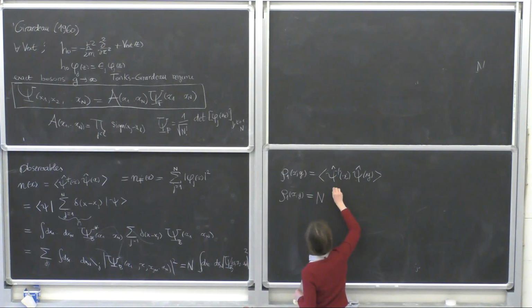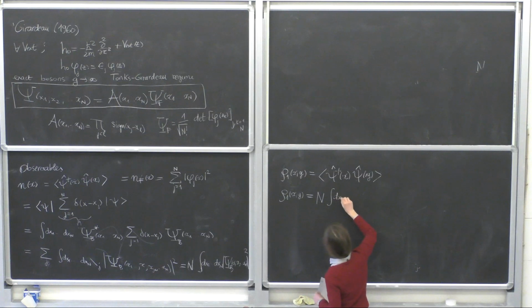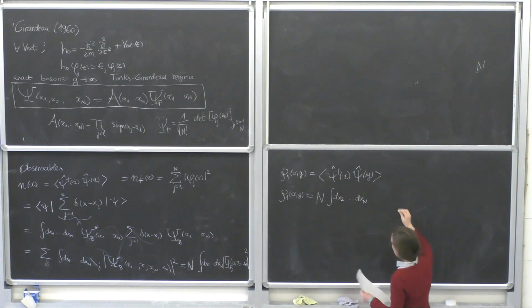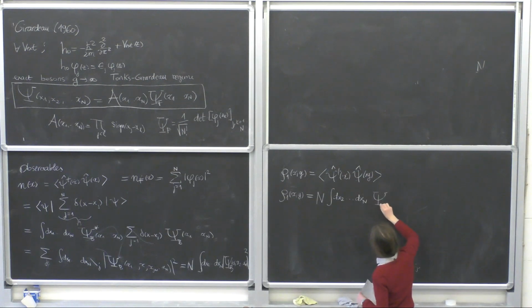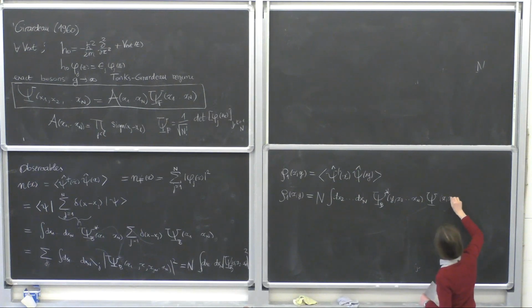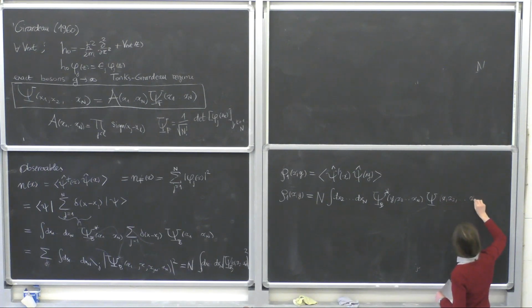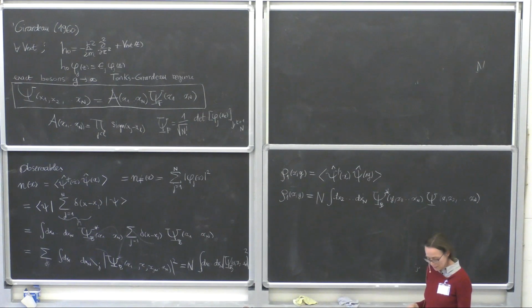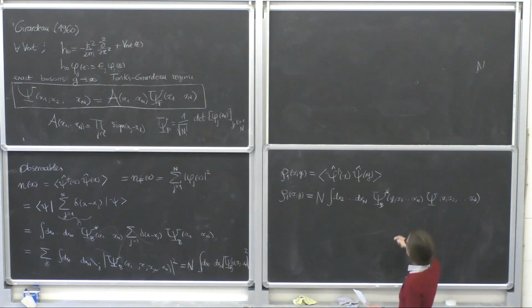Its general definition is n times the integral in x2 to xn of the bosonic wave function, psi star of y, x2, xn, times psi of x, x2, xn. I leave it to you as an exercise to demonstrate that the two are equivalent.